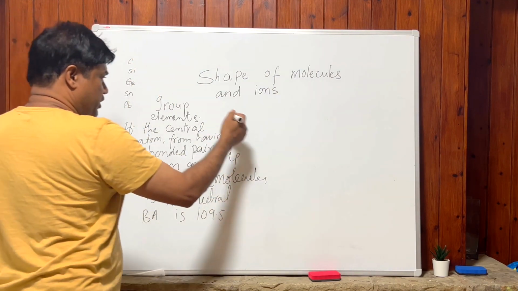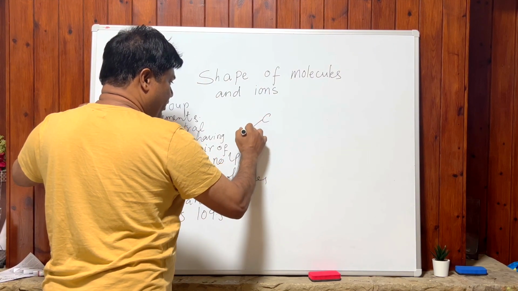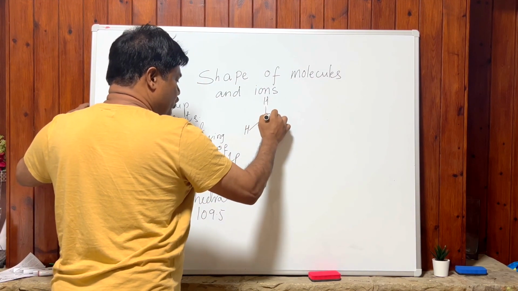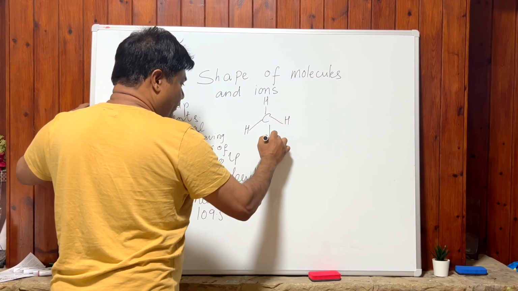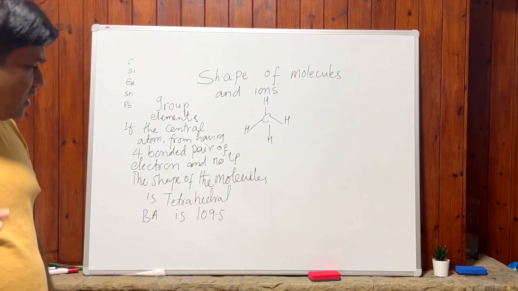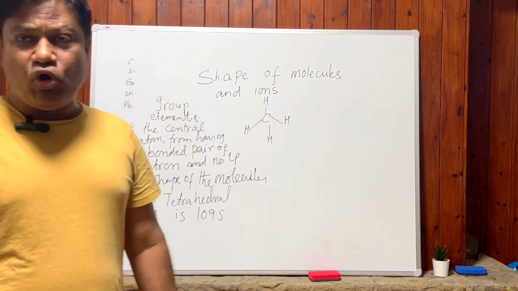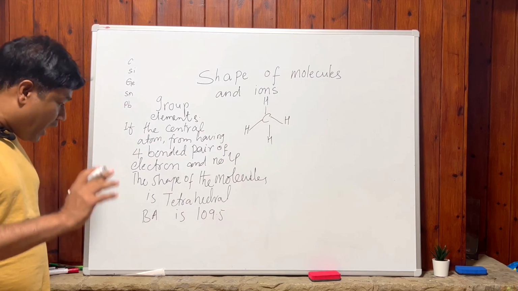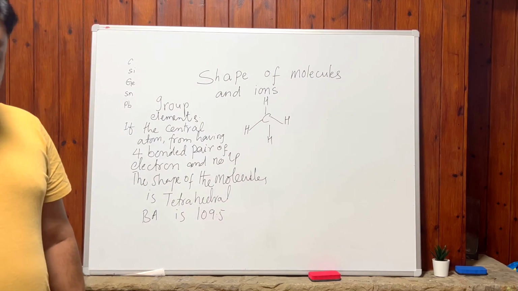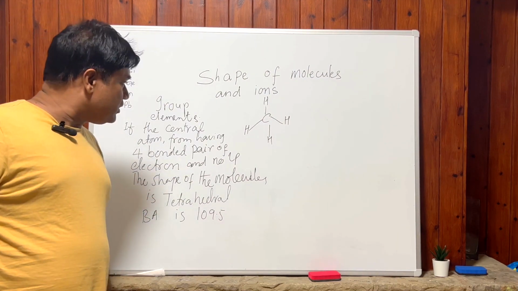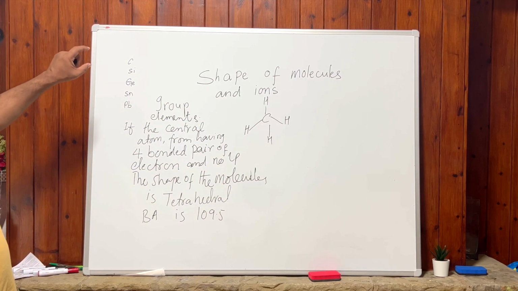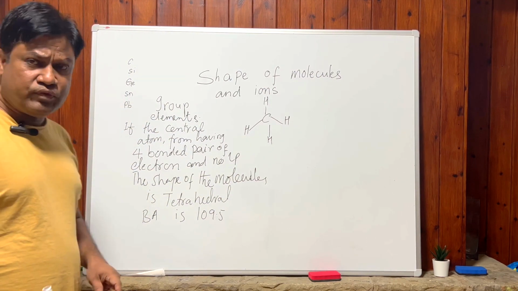Central atom, you can pick any one. Carbon having 4 bonded pairs of electrons and no lone pair. Then the shape is tetrahedral, perfectly tetrahedral, and the bond angle is 109.5. Can you give me some more examples by choosing the central atom from group 4?